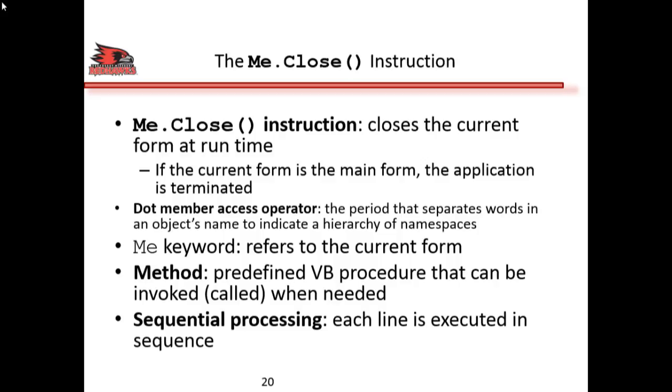Now here the dot between Me and Close is called a dot member access operator. A pretty big and fancy name for such a small thing, but it basically represents the hierarchy. Me is the form, and then dot means that you go down a level to whatever action you want to assign to that form.